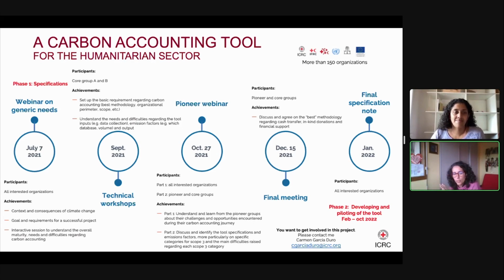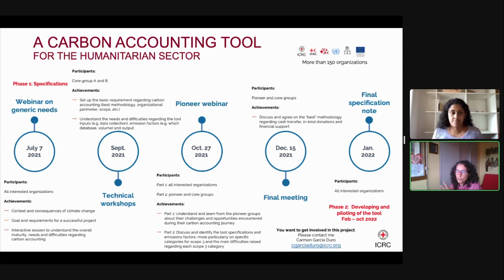We had technical workshops with different core groups, in which we really wanted to understand what the basic requirements should be, what methodology should be used, what the scope and perimeter should be, global or local. We were looking into different things with the different organizations. We also wanted to understand what the challenges were.